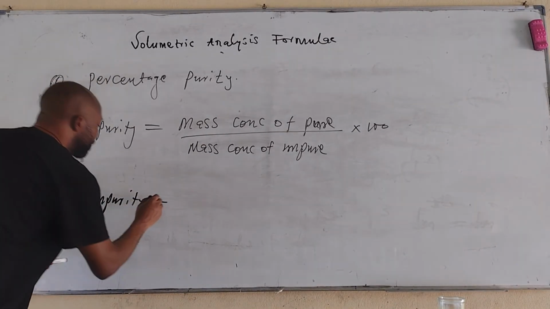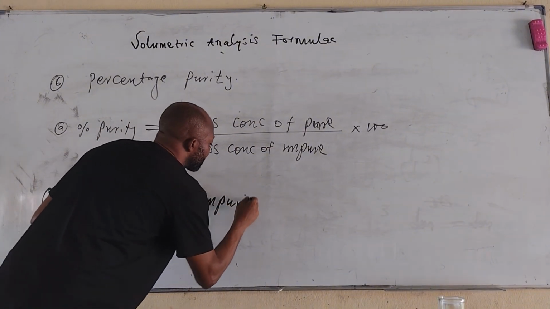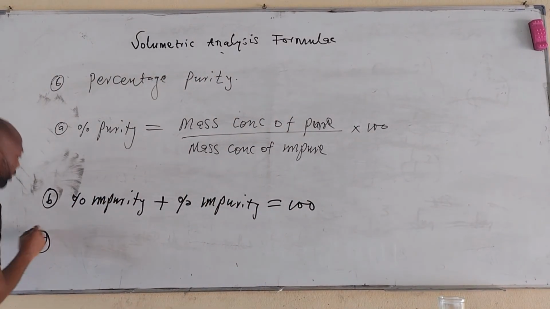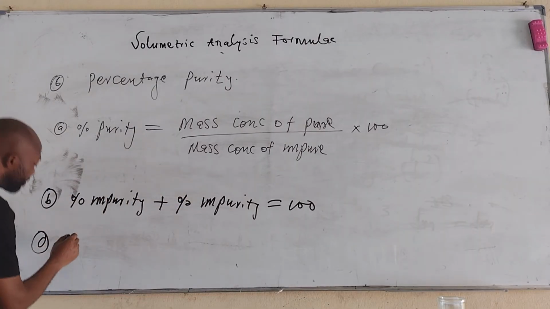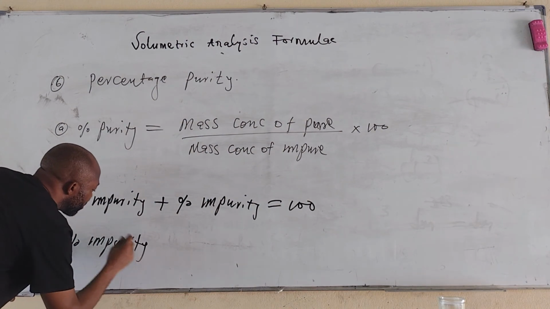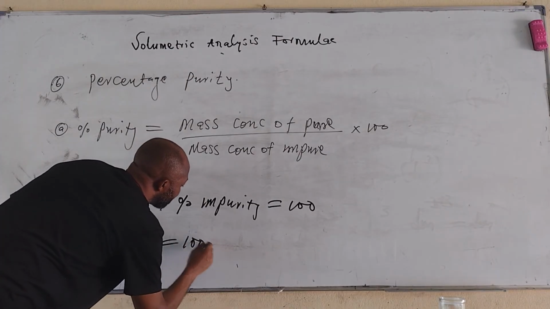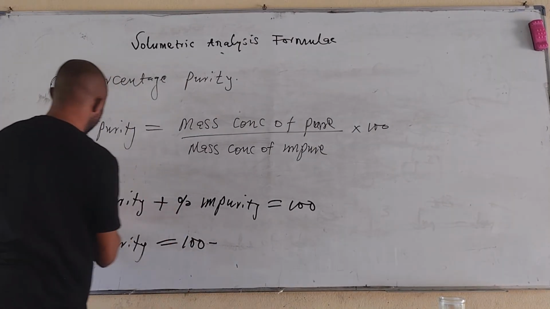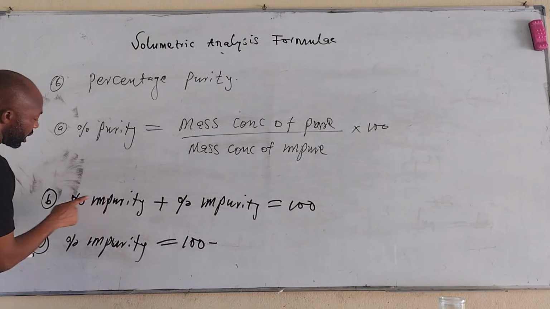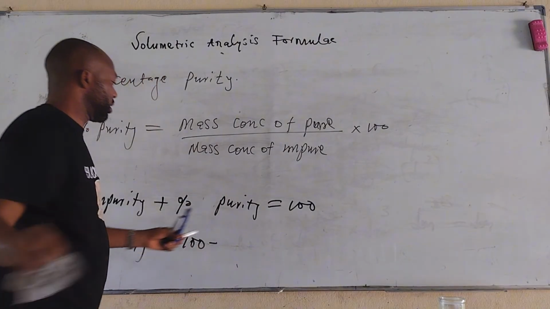Percentage purity plus percentage impurity is equal to 100.